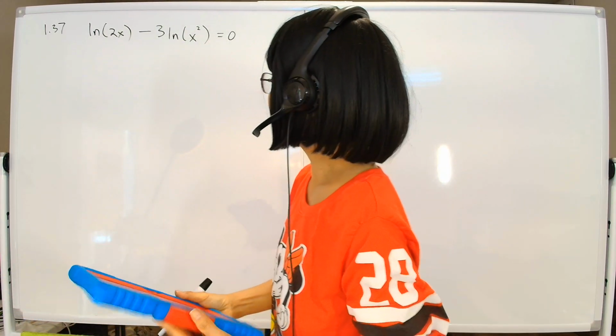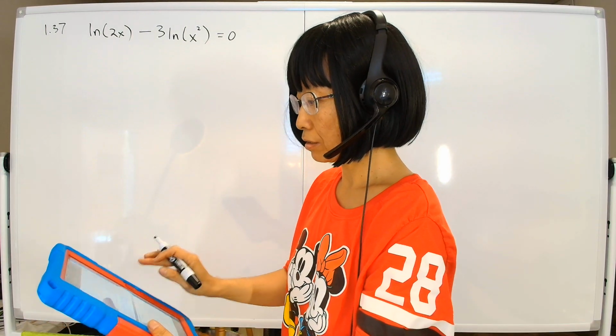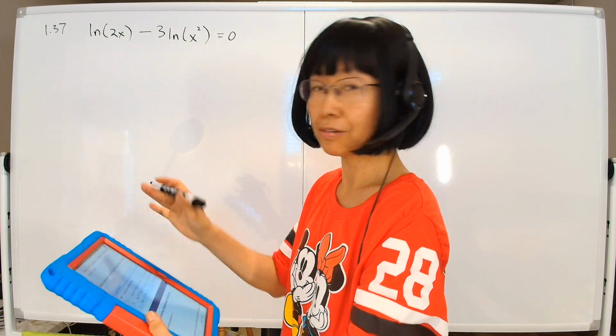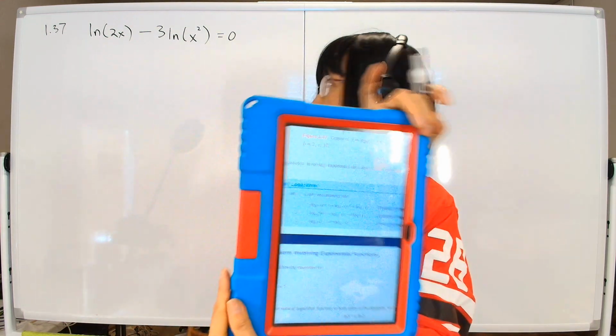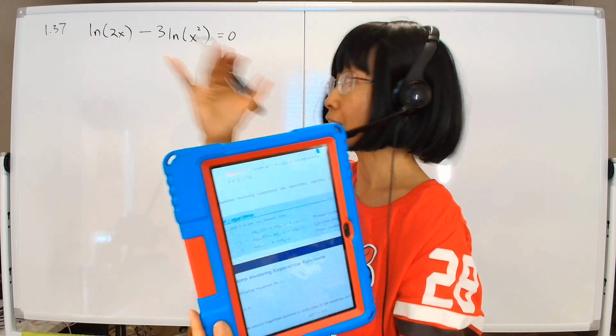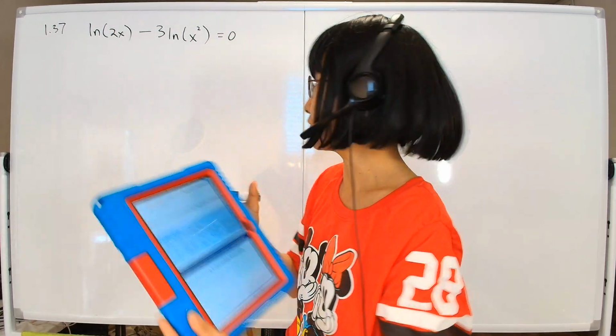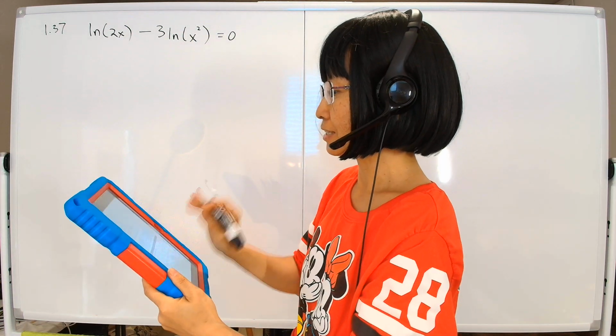To solve this problem, you follow the properties of logarithms. You look at these rules and see how you can apply them, and see if something good comes out of it. That's how you solve these things.